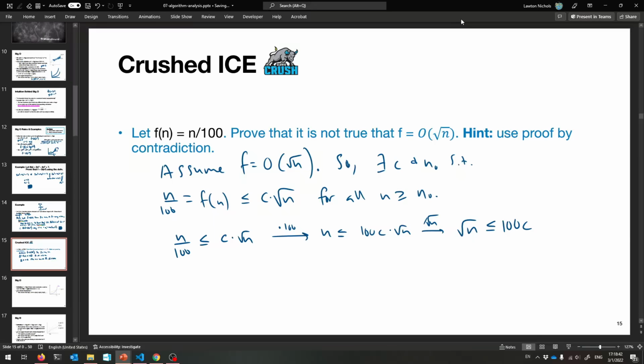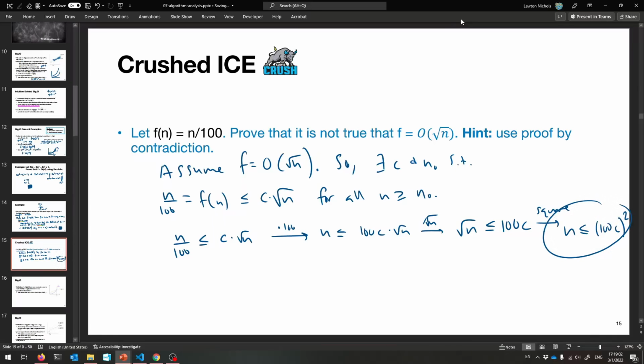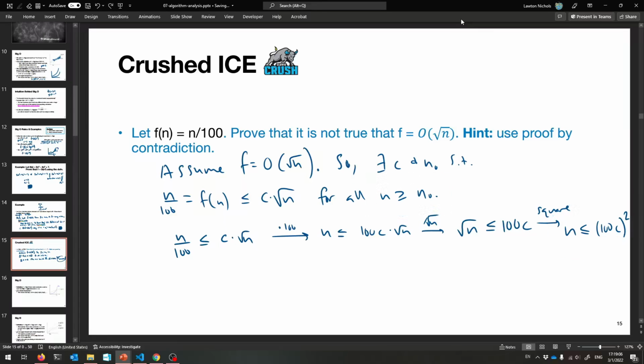Well, then if we get rid of the square root, if we square both sides, right? We end up with n less than or equal to 100c squared, always, okay? And this is always true as long as n gets bigger than n naught.